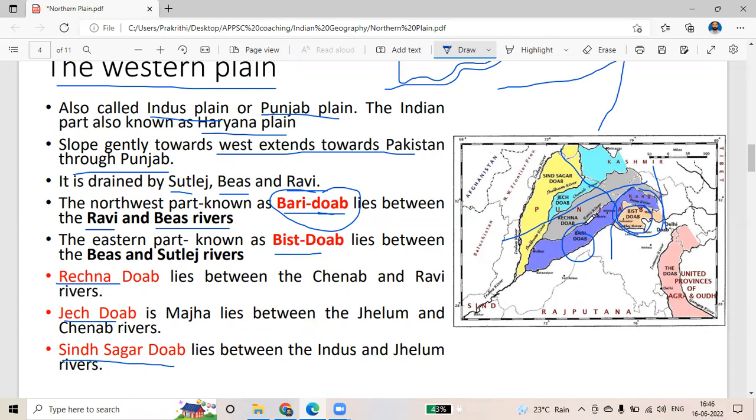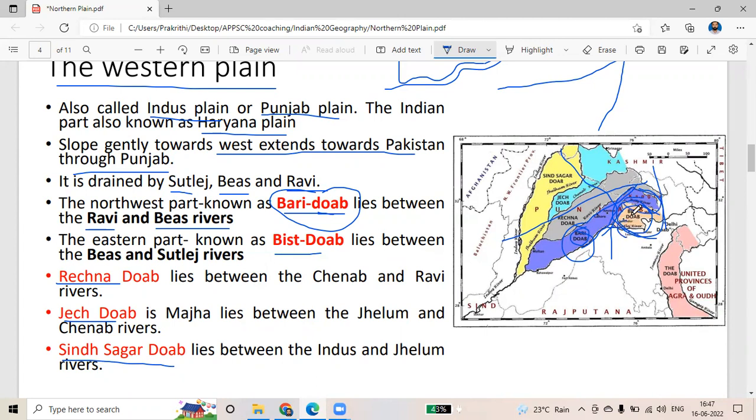This is the Ravi River, and this is the Beas River. In between these two comes Bari. Then Bist comes. This is the Sutlej River, and this is the Beas, sorry, so the Beas and Sutlej. In between these two is Bist.